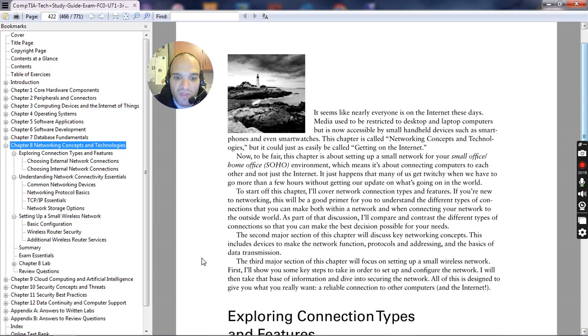I will then take that base of information and dive into securing the network. All of this is designed to give you what you really want, a reliable connection to other computers and the Internet, which in essence is a very big web of interconnected computers.